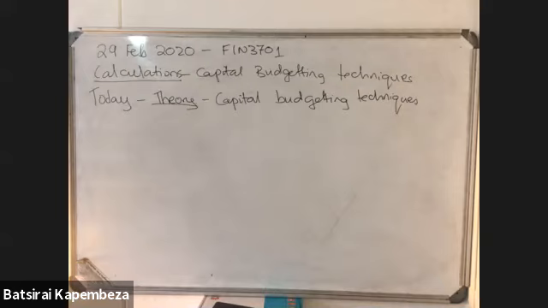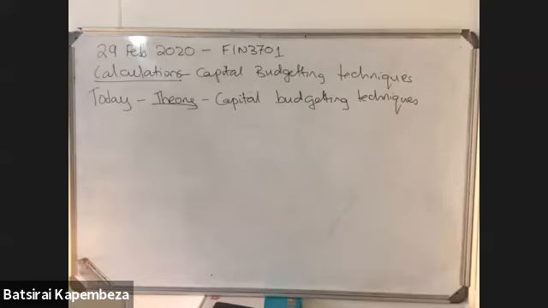And the study guide also says in any chapter, before you start doing too many calculations, you should always have a good understanding of the theory behind the capital budgeting techniques or capital budgeting cash flows or whatever topic you're looking at.